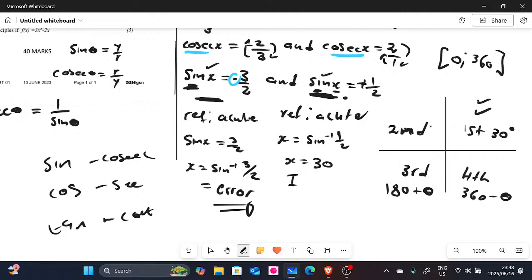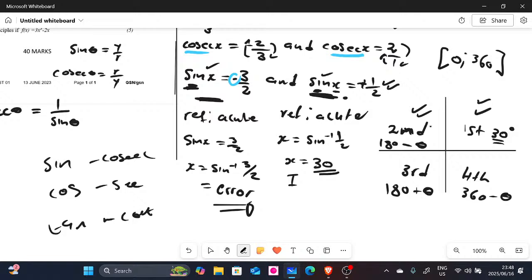Now, remember, this one states that our sign must be positive. I did mention that our sign is positive in the first quadrant and in the second quadrant. So on the second quadrant, how do we represent it? We said 180 minus reference. Our reference angle here is the same as the angle that belongs there.